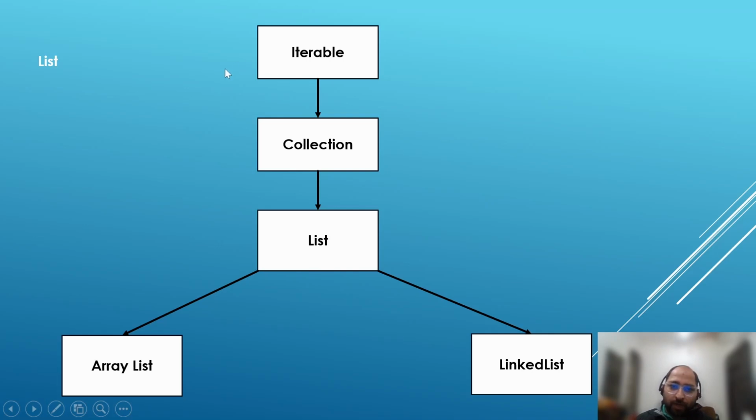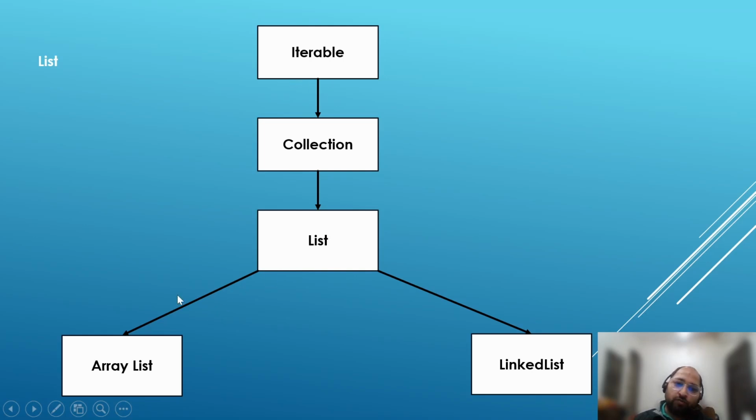Now I have refined this diagram further for the list only. We have the iterable interface, which has a few methods that we will be discussing and that are useful for iteration. Then we have collection, which is another interface with its own methods, and list has its own methods. All these methods are declared because these are interfaces.